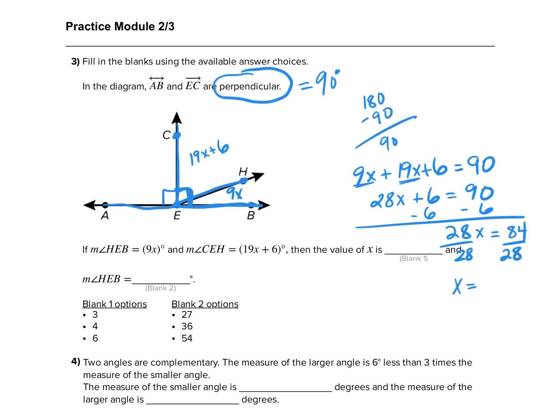I'm using my calculator. I get x equals 3. Now it also asks for the measure of HEB. Well, HEB was just 9x. And with x equal to 3, 9 times 3 is 27.